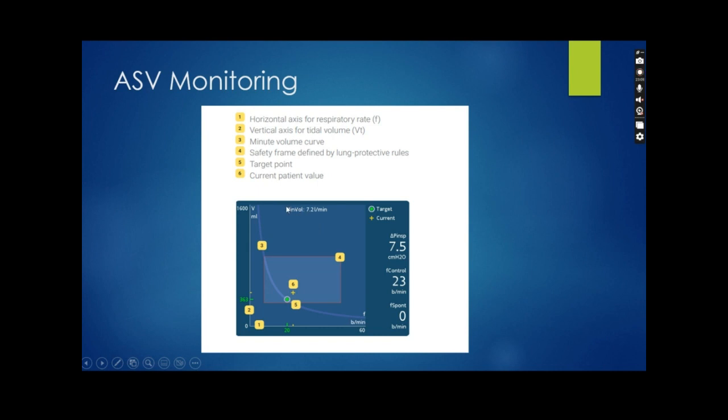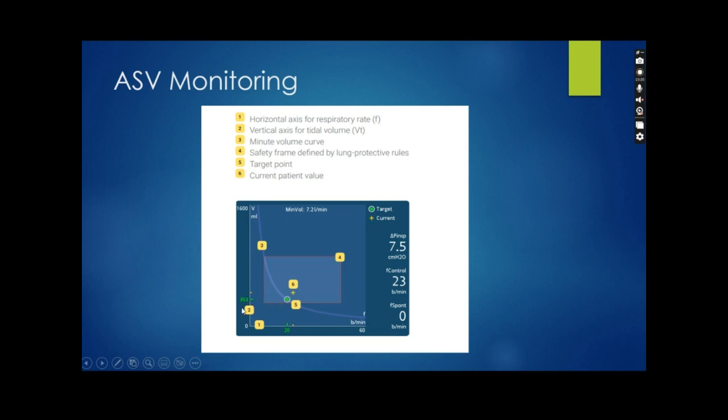If my target minute volume, as you can see here, is set for 7.2 liters per minute, at any point on this curve the patient is going to be getting that target minute volume. So as you can see, tidal volume can vary, respiratory rate can vary. If you have a patient with very low lung compliance, you will tend to see the patient's target a little bit lower on this curve.